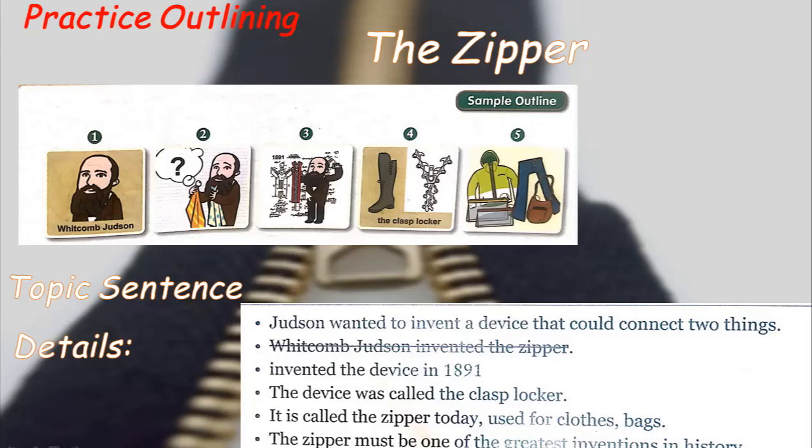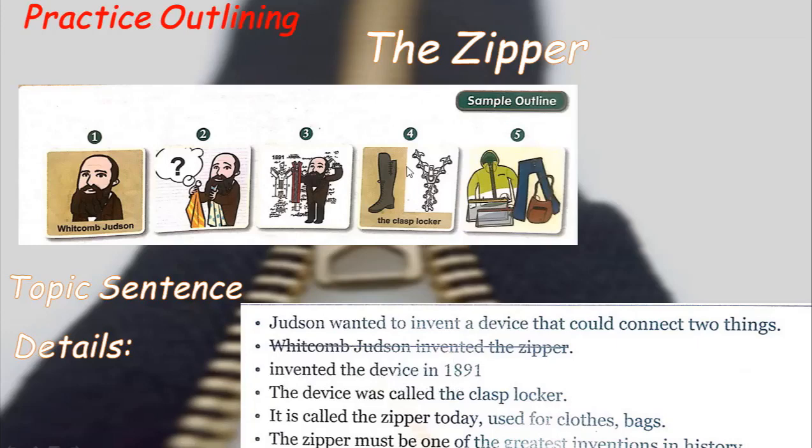So now go to number 3. He picks up the zipper. So what about picture number 3, everyone? You see the small letters 1891. So invented the device in 1891. Number 3: invented the device in 1891.